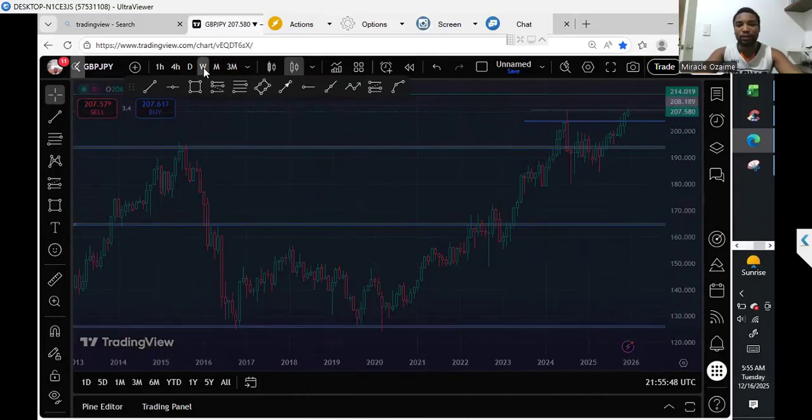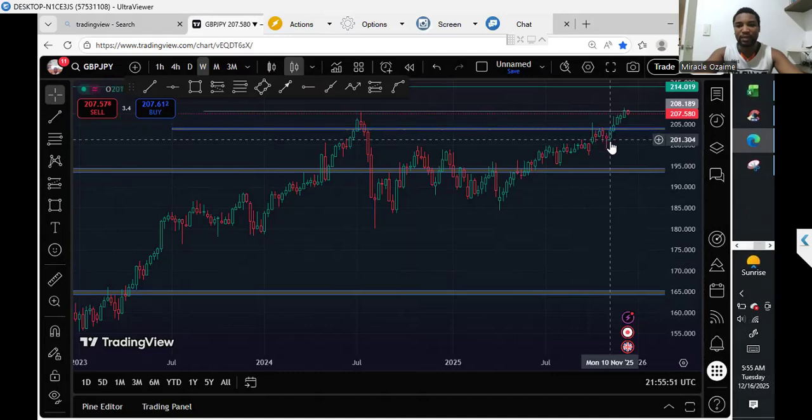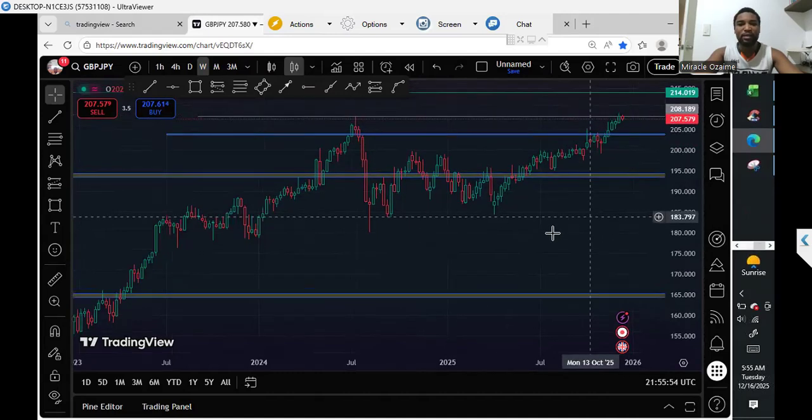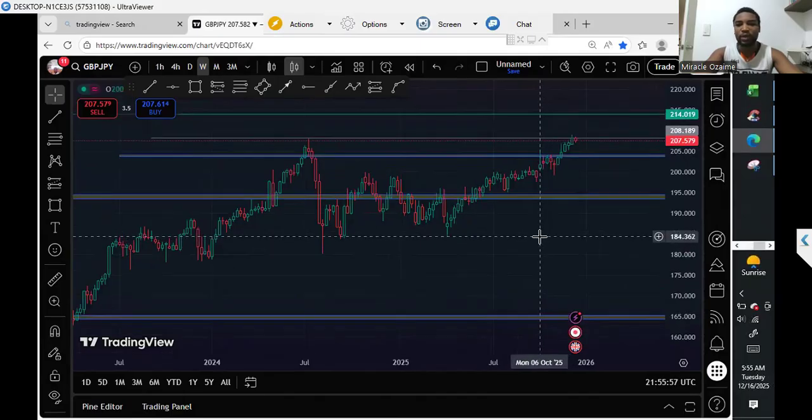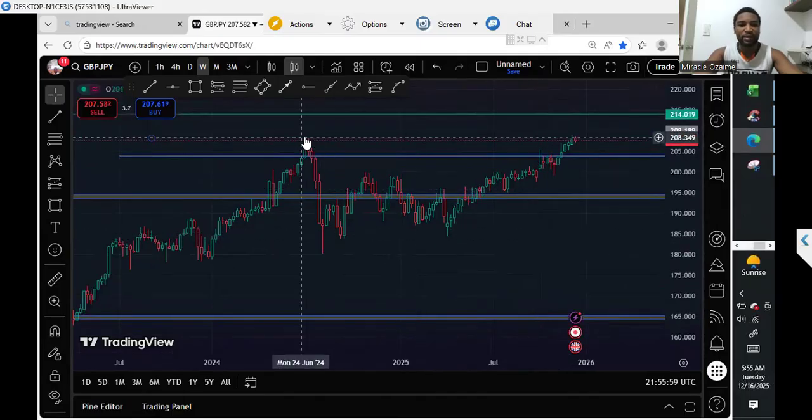At the monthly candle close, there is a correction at this area. So that's why I'm a little bit worried about this level, because this is actually a double top. Although it has broken the monthly candle close, this is a weak rejection.